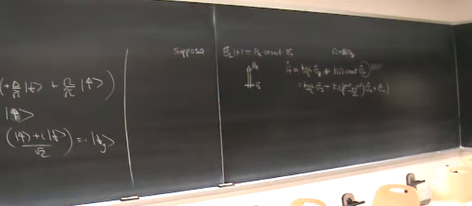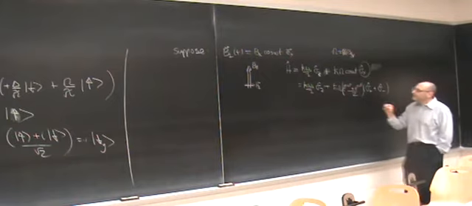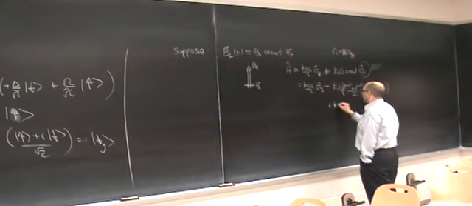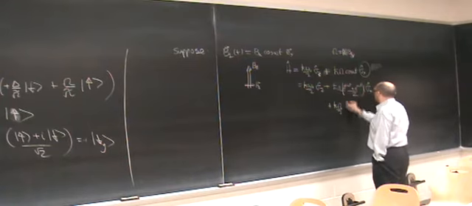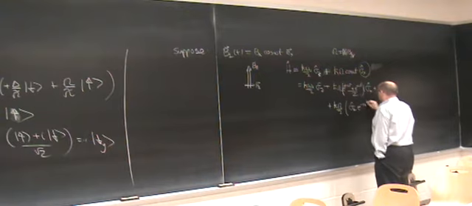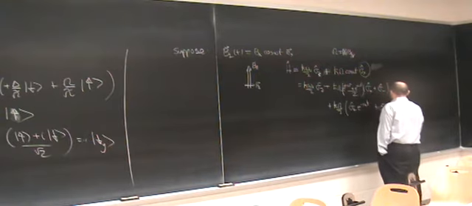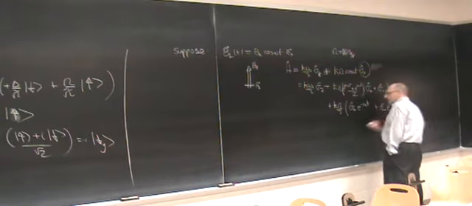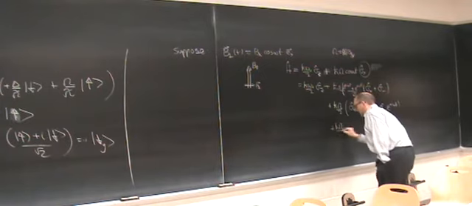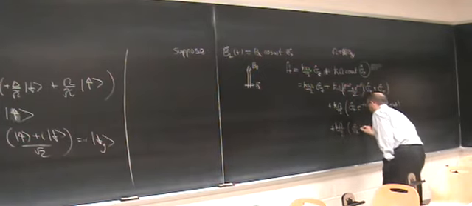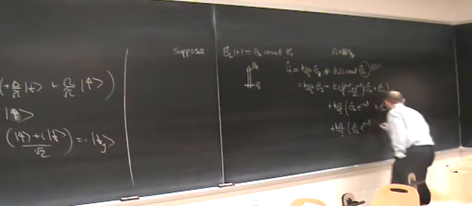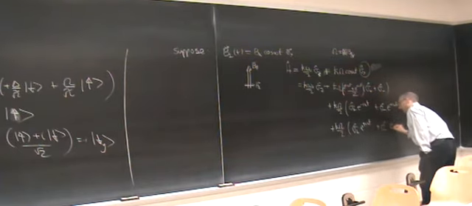So what's going on here? Let me write this out. This is going to be equal to sigma plus e to the minus I omega t plus sigma minus e to the plus I omega t, plus sigma plus e to the plus I omega t plus that.